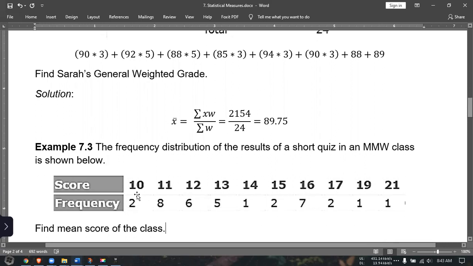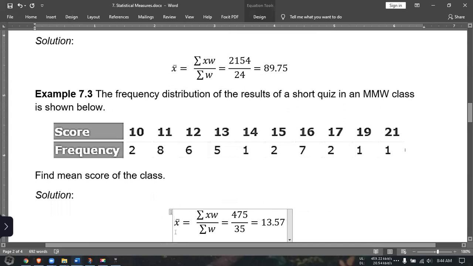Now if we were to use the simple mean, hindi natin ma-consider kung how many students got that specific score. So we'll have to apply the weighted mean, the summation of XW over N.